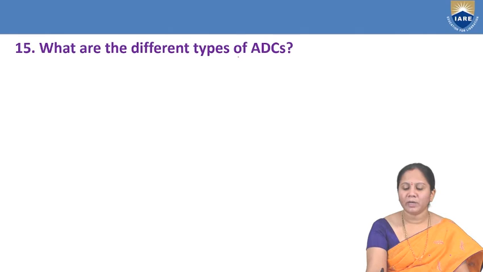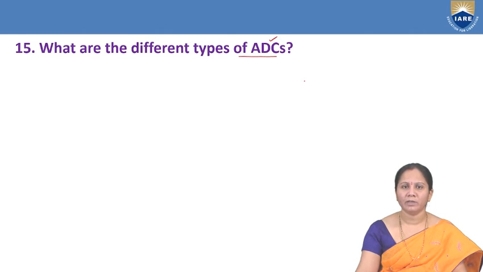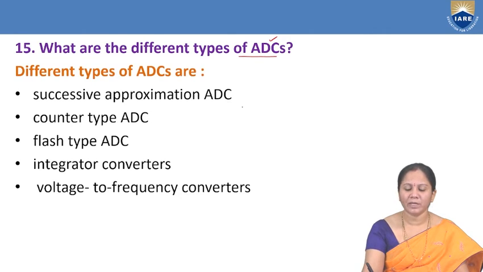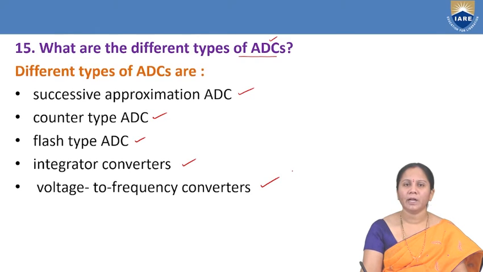What are the different types of ADCs? Here ADC stands for analog to digital converter. The different types of ADCs are successive approximation ADC, counter type ADC, flash type ADC, integrator converters, and voltage to frequency converters.